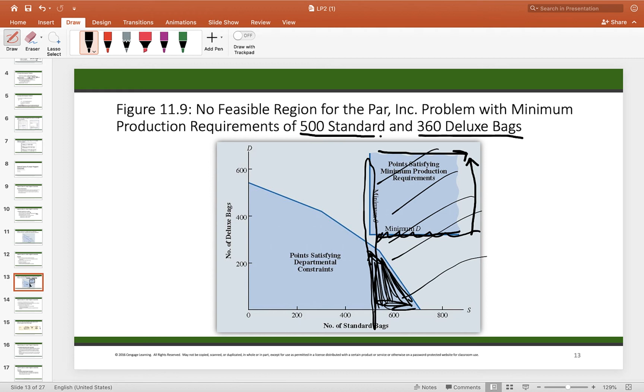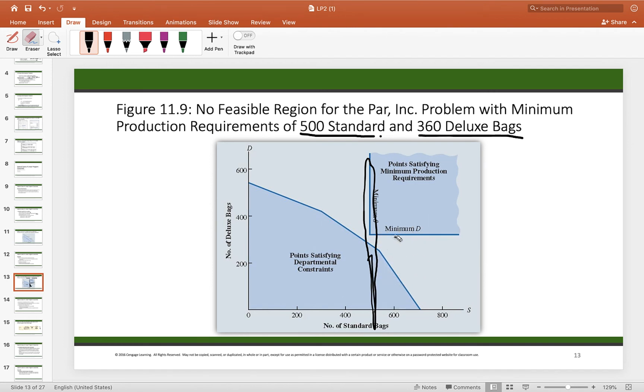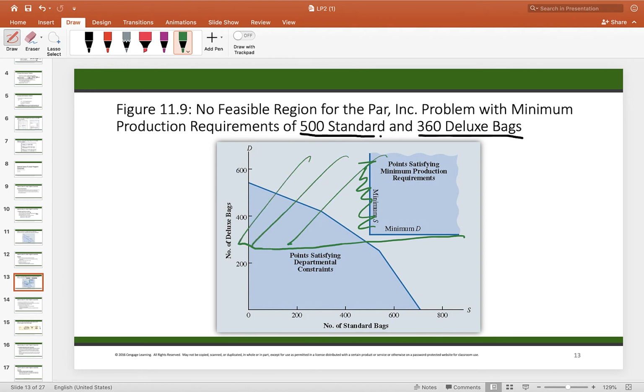On the other hand, it could be that I can get rid of this constraint in here, and just have this constraint that I want to make at least 360 deluxe bags. So this is going to be part of the feasible region now.